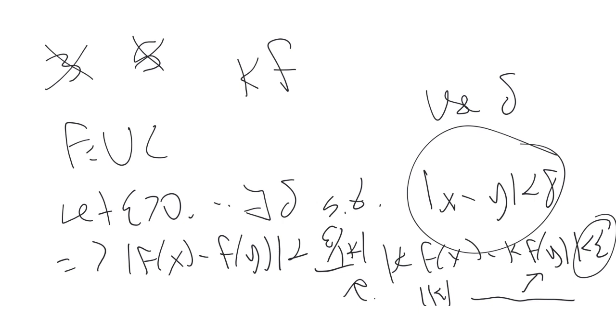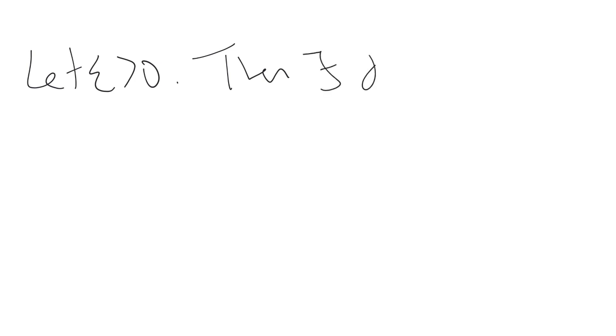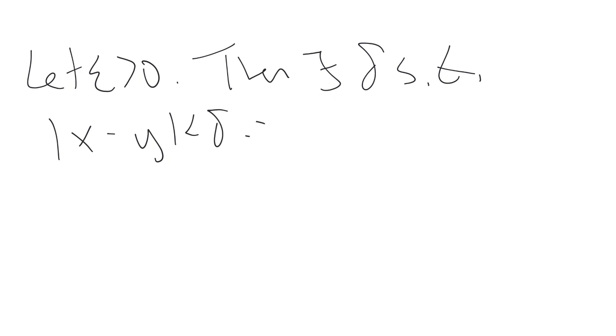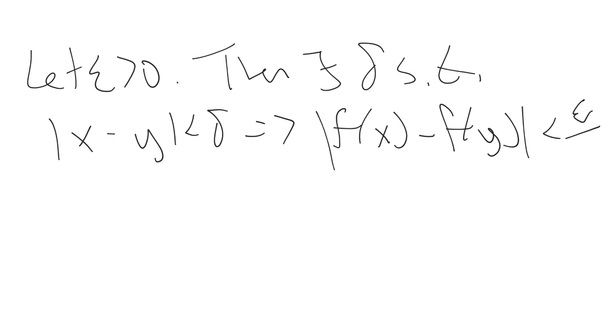All right. Let's go to the next page. Okay, to start from the beginning, we're going to say let epsilon greater than 0 be given, and then there exists delta such that |x minus y| less than delta implies that |f of x minus f of y|, because f is uniformly continuous, is less than epsilon over the absolute value of k. k is already defined in the problem.